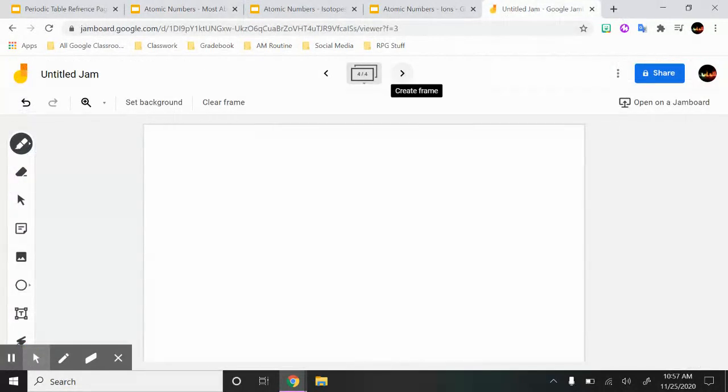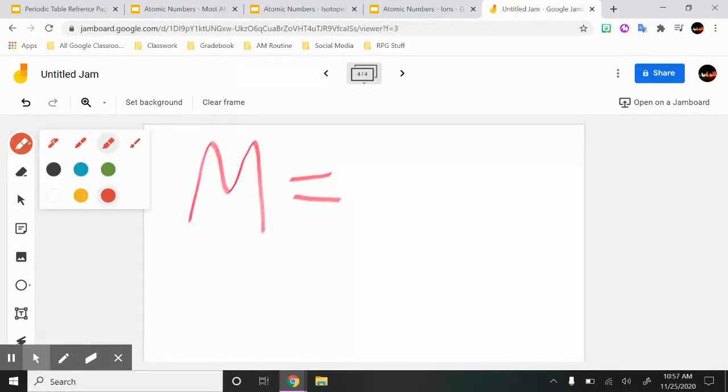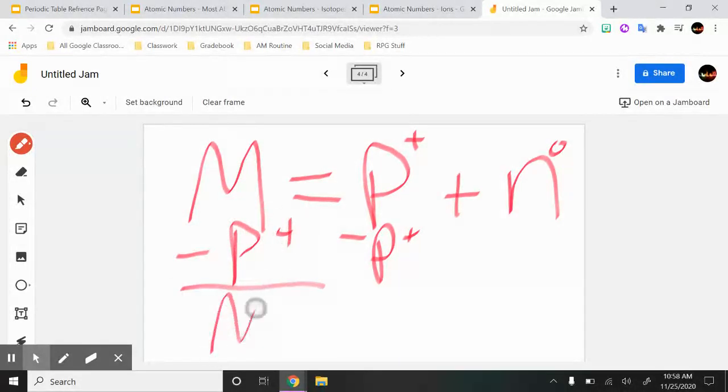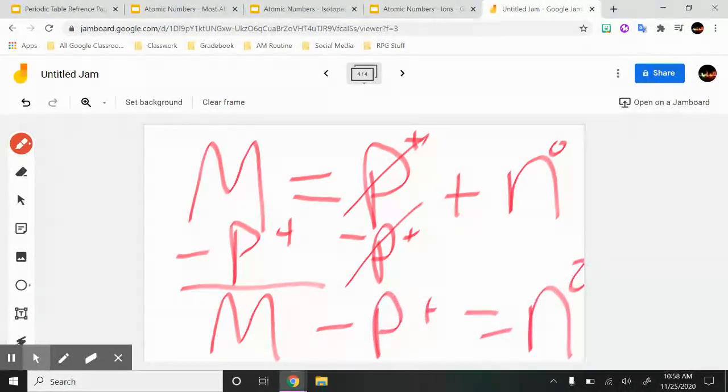So let's say I have mass equals protons plus neutrons. Okay. If I rearrange this, I subtract protons on both sides, and I end up with mass minus protons equals neutrons.